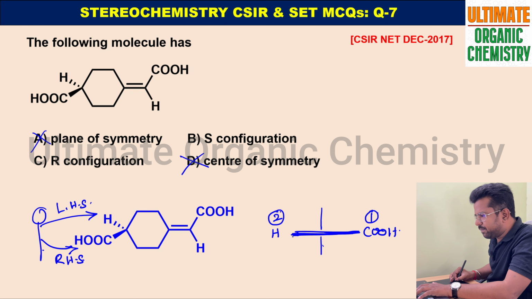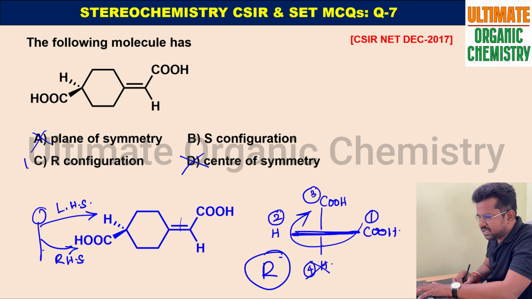And if you look at the back side, from here this part will be the back side. So at top you have COH, at bottom you have hydrogen atom. You are already given 1 and 2 number, you need to give 3 and 4 number. Among these two groups, this will get 3 and this will get 4. Now just ignore the fourth group. 1, 2, 3 groups are arranged in clockwise direction. The configuration is R. So the right answer is option C.